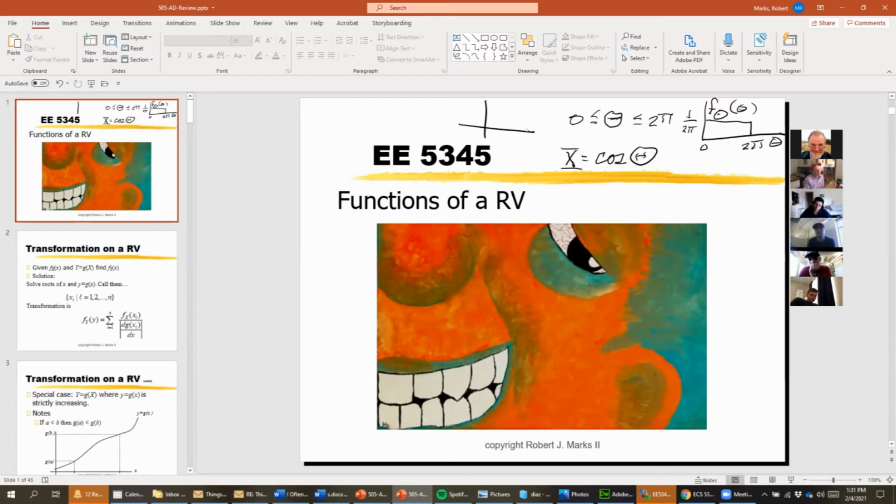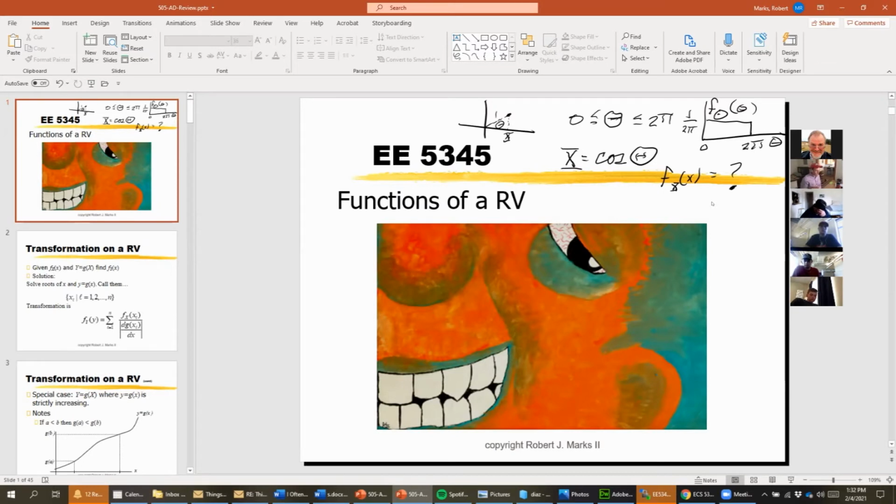Well, on the real plane, if you have a complex number of length 1 and you want to find the real part of it, you take the cosine of theta of that random variable, right? So the question is, what does the random variable f sub x look like?